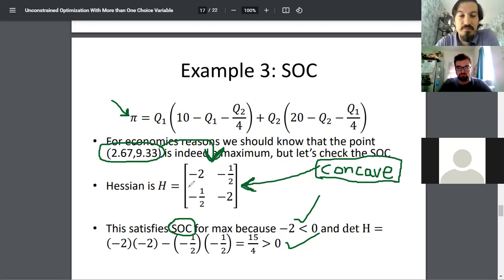I think I'm about done with this explanation here. Anybody have any questions? There's a lot of terms thrown around here: objective functions, choice variables, first order conditions, second order conditions, Hessian matrix, necessary and sufficient, local and global.